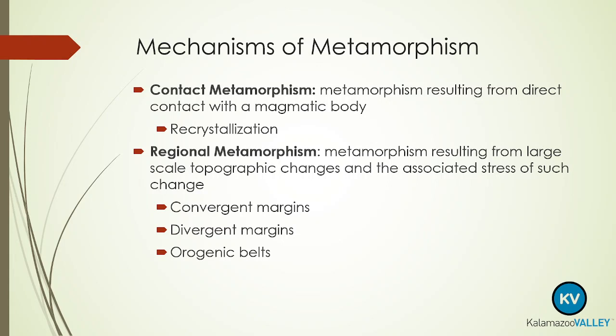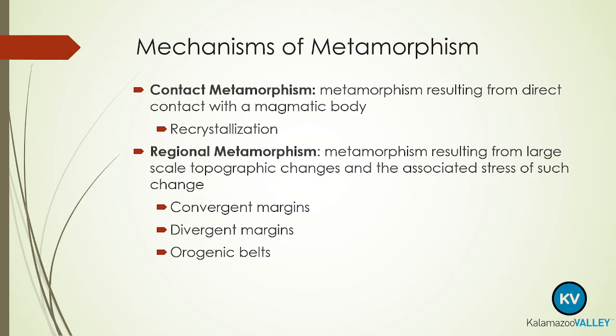Number two, we can have regional metamorphism. And this one's almost like a trick question because it can contain many types of metamorphism that occur over an entire region, hence regional metamorphism. So this generally refers to very large-scale topographic changes, so changes in the shape of the land, and is associated with tectonic stresses, so very major energy and forces.